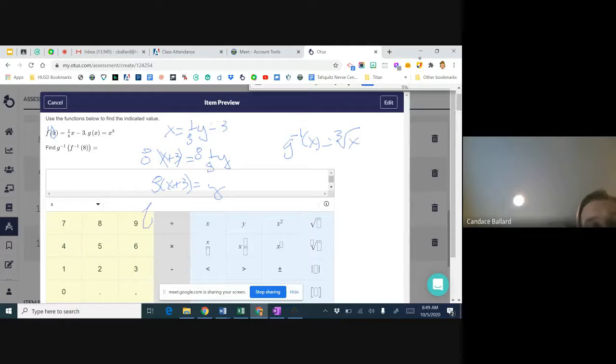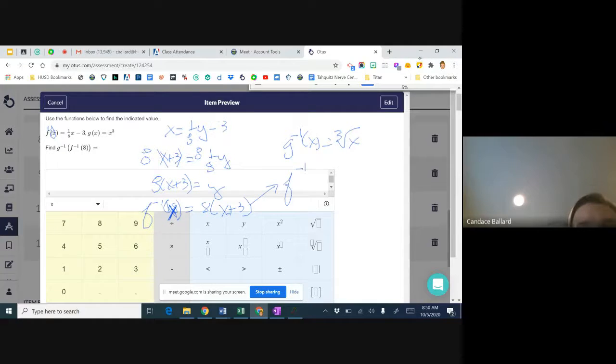I'm going to rewrite that as f inverse of x equals 8 times x plus 3. Definitely do not like this. All right, I am going to plug the 8 into that f inverse function. I'm going to do it over here because that's where I've got some space.